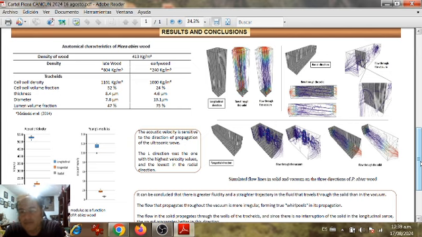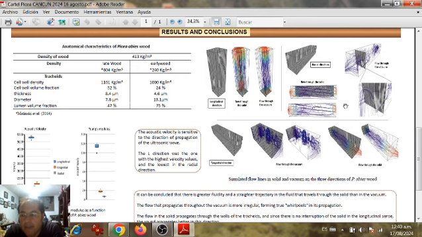On the other hand, we show that the path flow lines are straight in the longitudinal direction. On the contrary, when we are analyzing the radial direction or the tangential direction, we found that the trajectory of the flow lines is more tortuous.